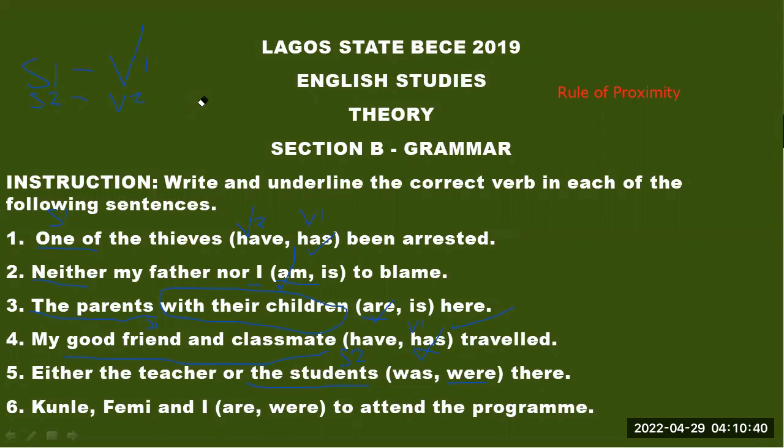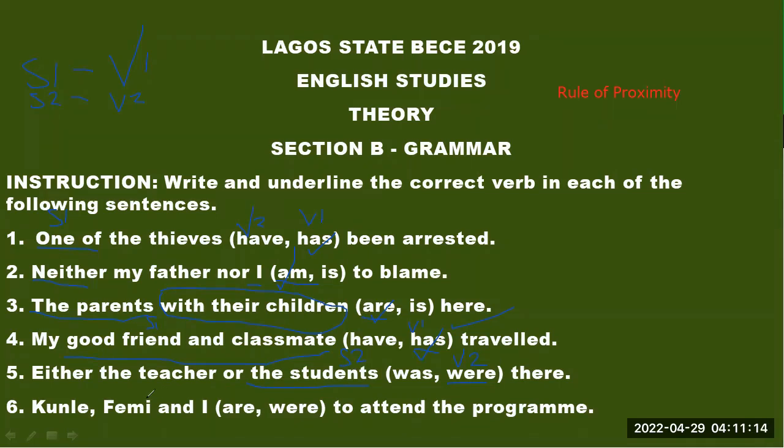Okay, so this is V2, and that is what agrees with this. Now, the rule of concord is the grammatical rule that stipulates that two parts of a sentence must agree in terms of number, in terms of person, in terms of gender, and so on and so forth.